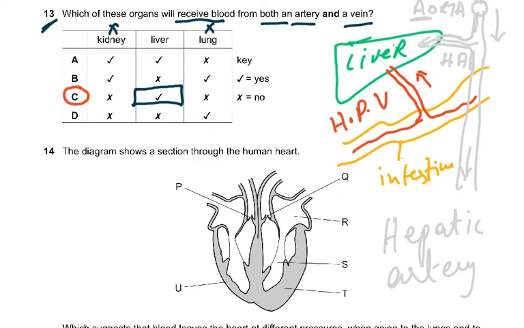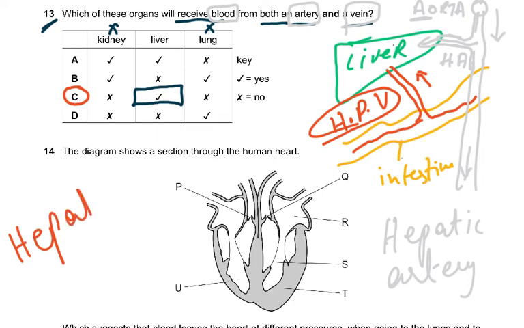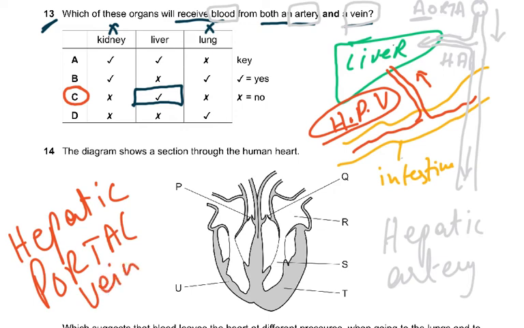So only the liver receives the hepatic artery and also blood carried from the intestine by the hepatic portal vein. This is the hepatic portal vein, and it carries blood from the small intestine to the liver.